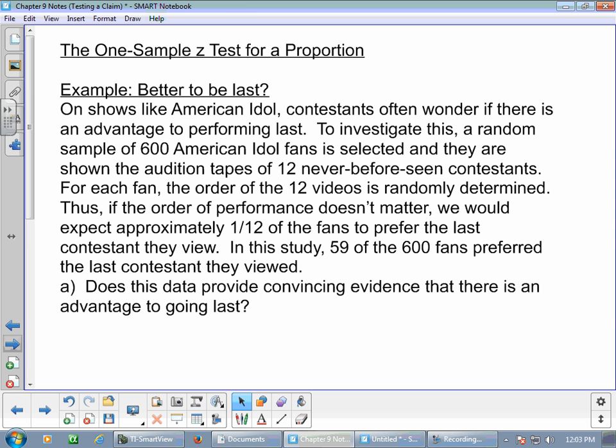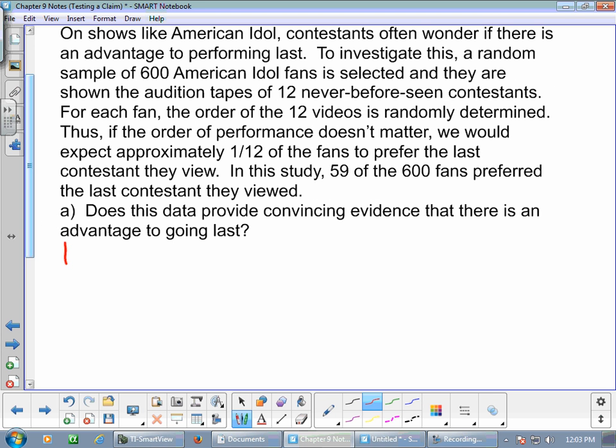So let's start by checking our conditions. Random. Be careful. Okay, random sample of 600 fans. Yeah, and it's a randomized experiment.